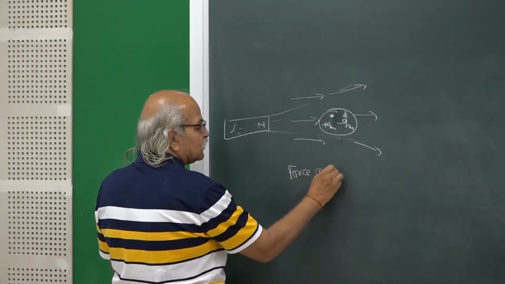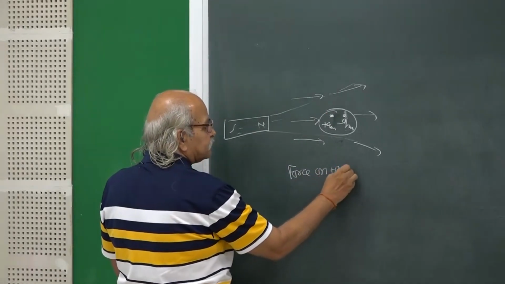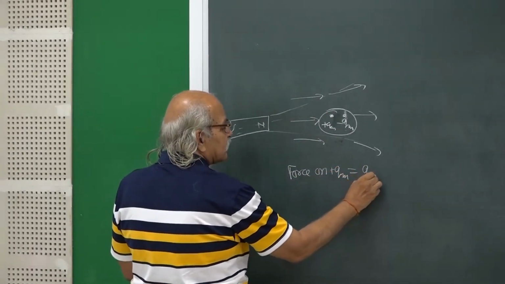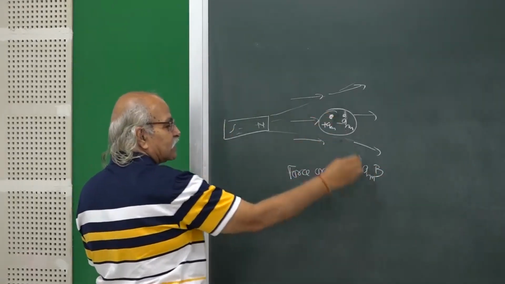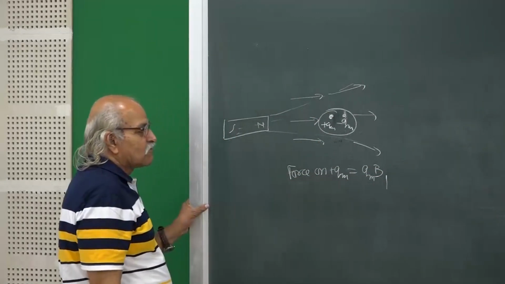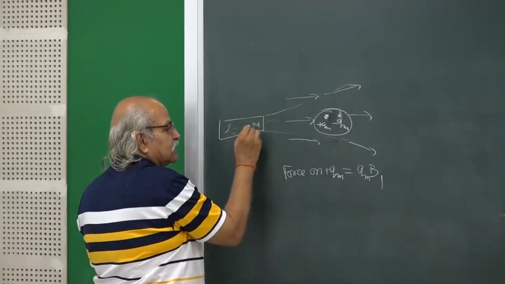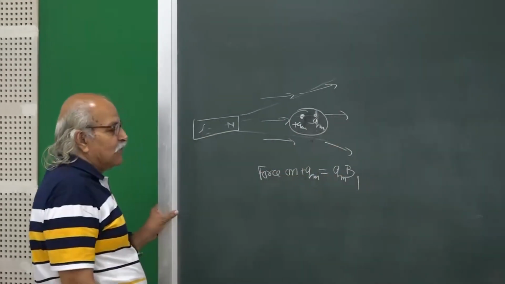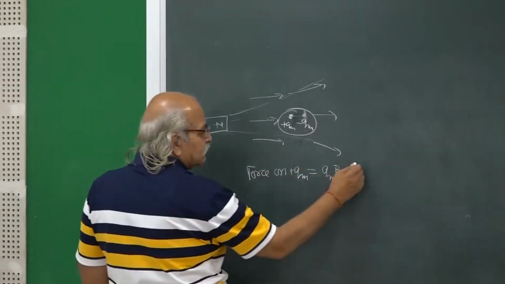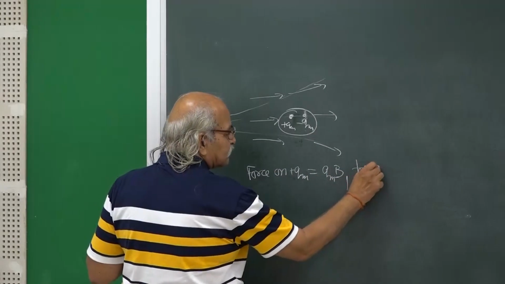It is qm times b. B here at this point, let me call it b1, because it's a magnet and the magnetic field is varying, it is getting weaker as you go ahead. Which direction? Towards right in the picture.